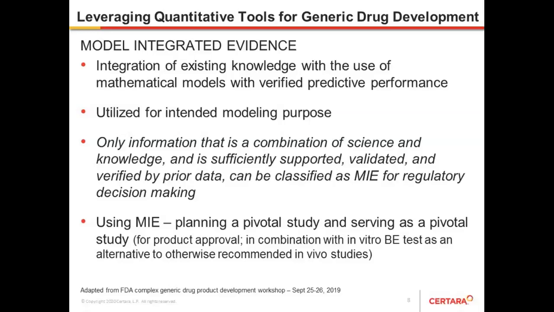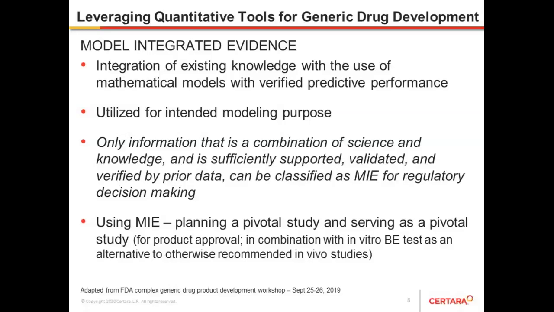Whenever we have new data coming from the experiments which we are running in the labs, coming from the clinical trials, coming from the knowledge which we got about the drug, modeling and simulation and in silico mathematical modeling and simulation can help to integrate this evidence.